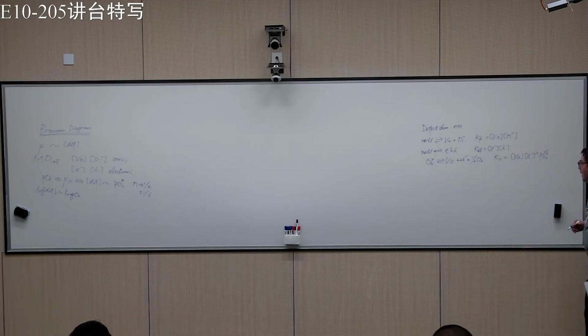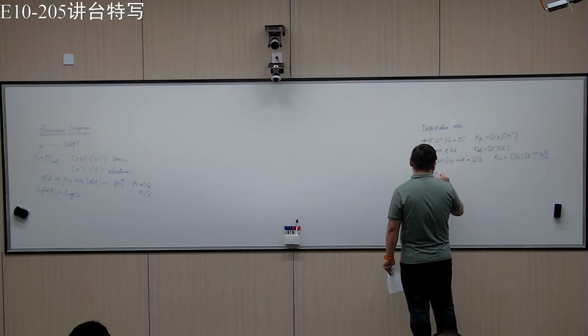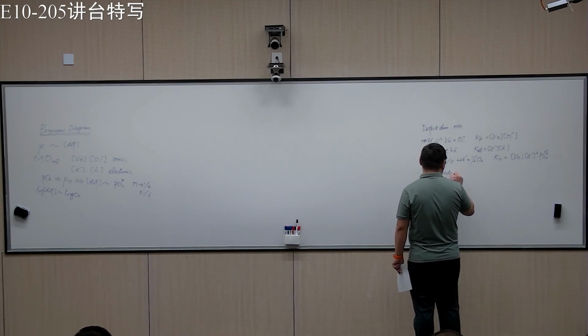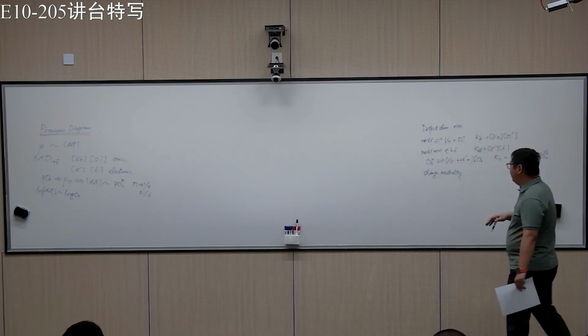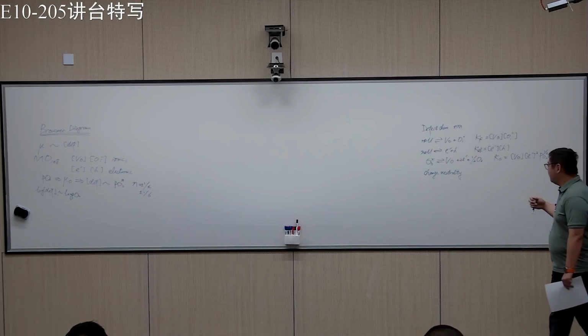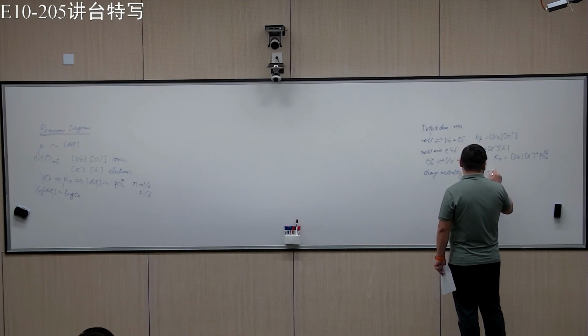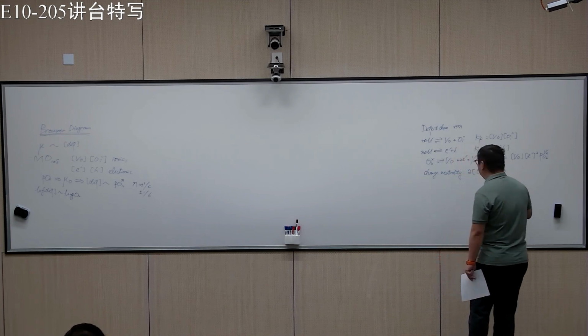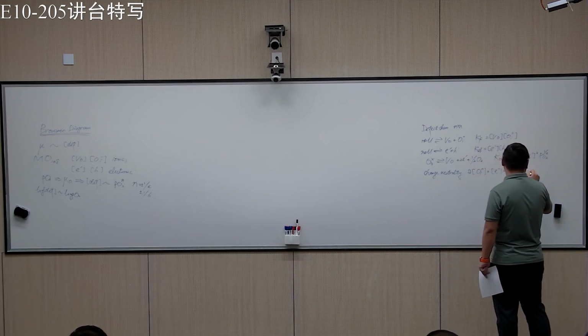And we also have the charge neutrality. Essentially we count all the positive charges, which should be equal to all the negative charges, right? So if we count all these negative charges, they should be the same as the positive charges.